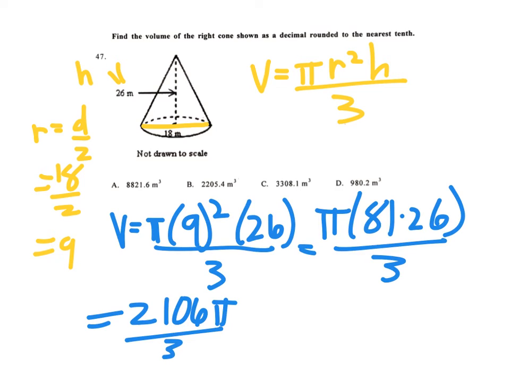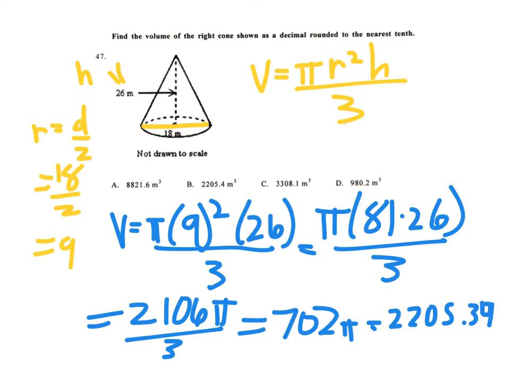When I do, I get 702 pi, and then we'll type that into my calculator. And I get 2,205.39. So if I round that, we have 2,205.4, which is B.